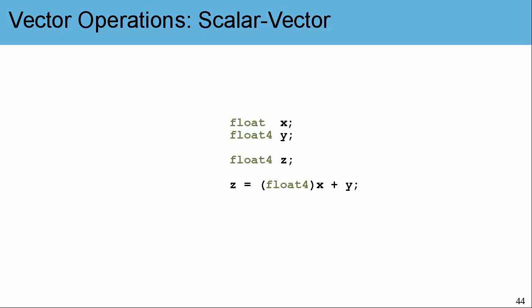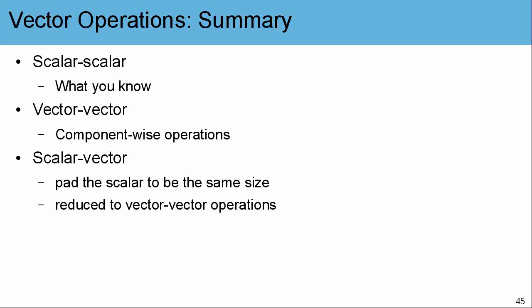When we mix scalars and vectors, the scalars will be padded out. Completely natural. So this is going to be padded out to be the vector x, x, x, and x, and then we're going to add it to y. So watch for this, because you may not have wanted this particular feature. This may have actually been a mistake on your part, which the compiler is going to happily accept.